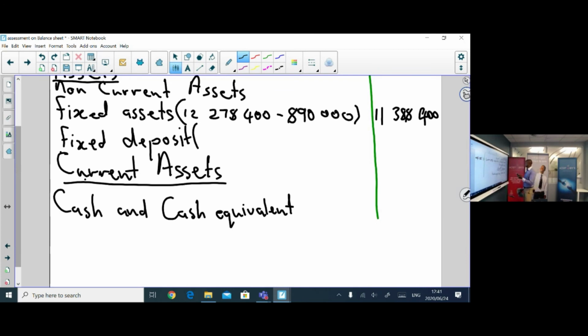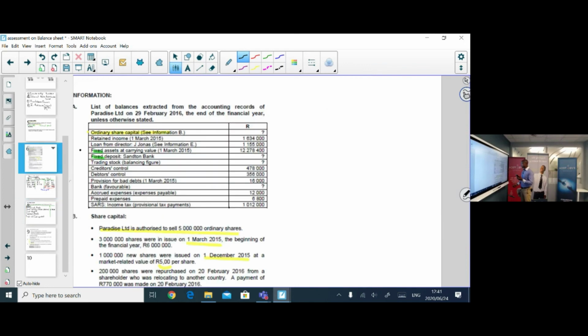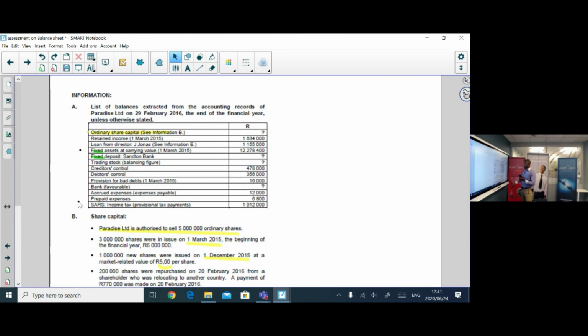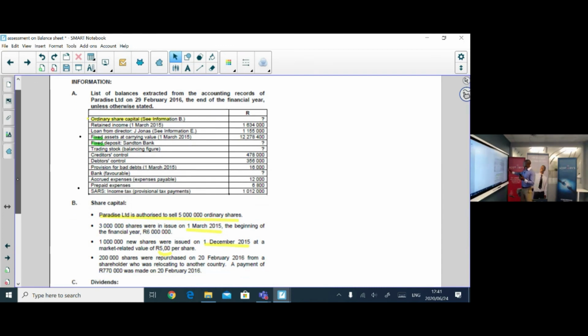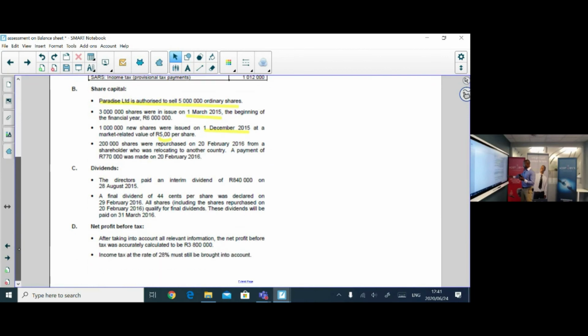Let's see what is stated. We're given a bank balance, so let's check what the information has to say. Dividends and tax.